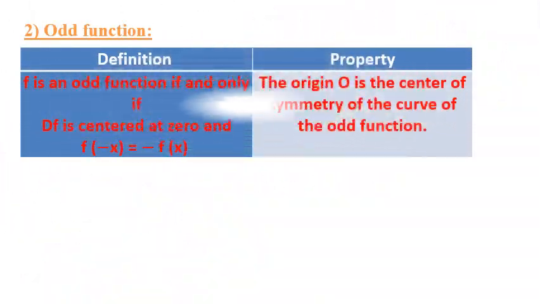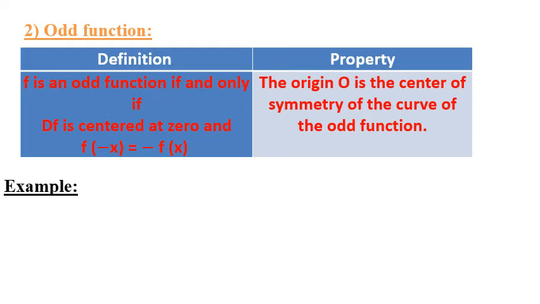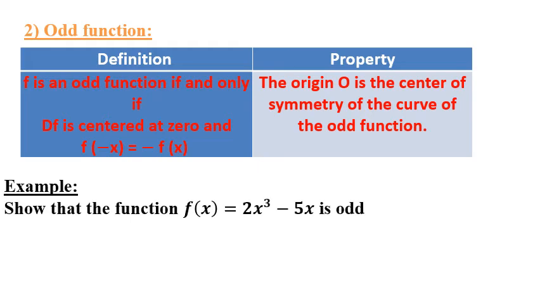Odd functions. Definition: f is said to be an odd function if and only if the domain Df is centered at 0 and f(-x) = -f(x), and if f is odd, then the origin O of the system is the center of symmetry of the curve representing the function f. Example: show that the function f(x) = 2x^3 - 5x is odd.